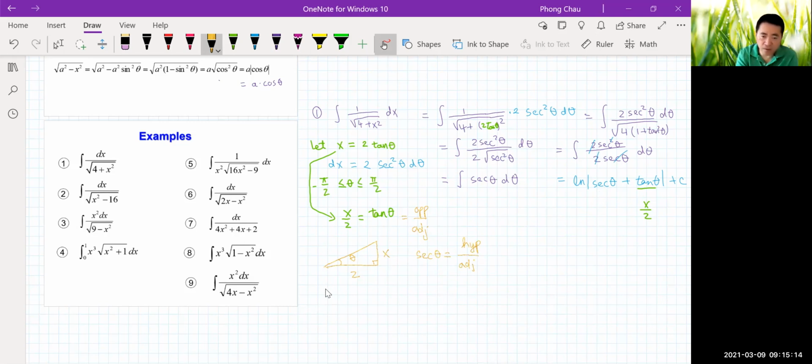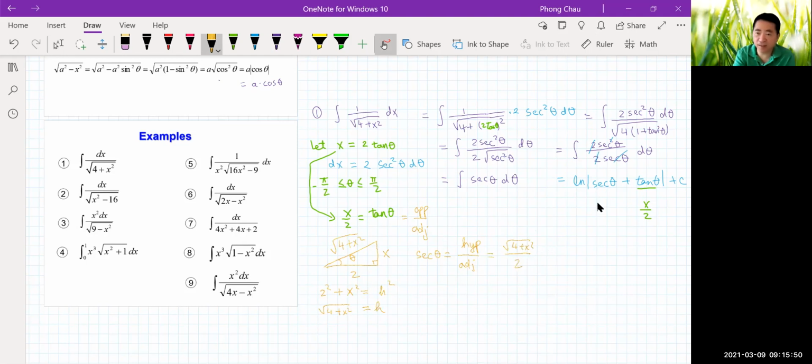Yes. Remember the Pythagorean theorem: 2 squared plus x squared equals the hypotenuse squared, right? So if you take the root on both sides, your hypotenuse will be the square root of 4 plus x squared. And now the hypotenuse is square root of 4 plus x squared over the adjacent side, which is 2.